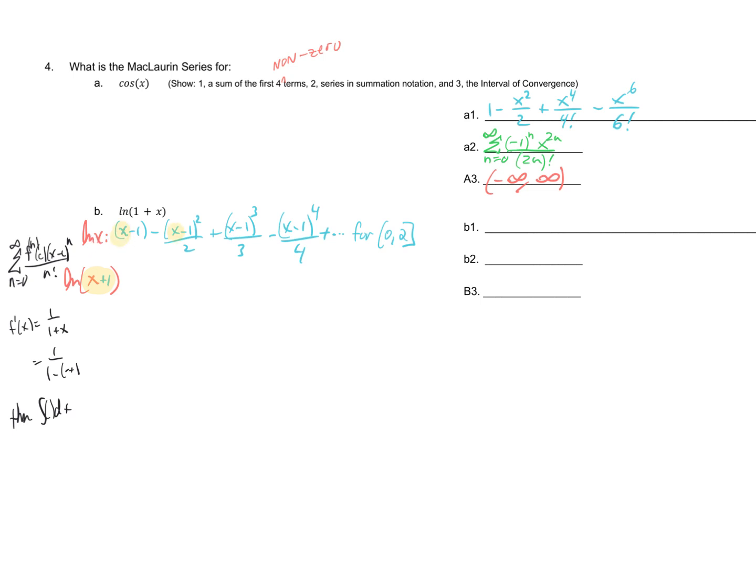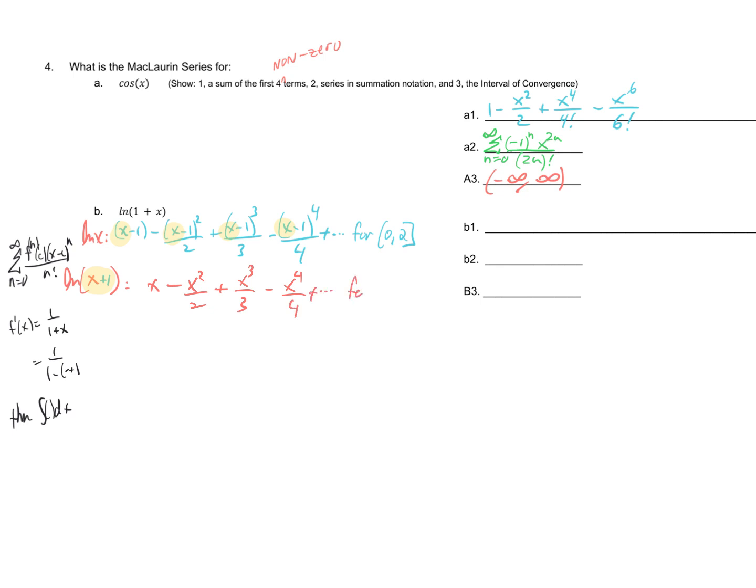Everywhere you see an x, we are going to put in x plus 1, and then we'll have the natural log of x plus 1. So x plus 1 minus 1 is just x. Again, x plus 1 getting put in for x, minus 1, we're left with just x squared over 2, and so on.